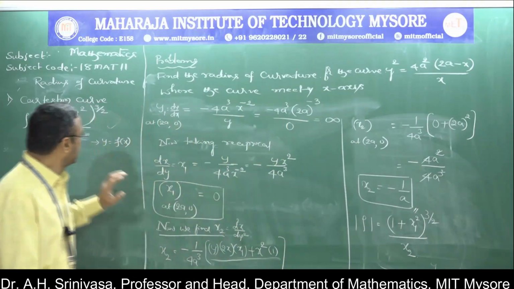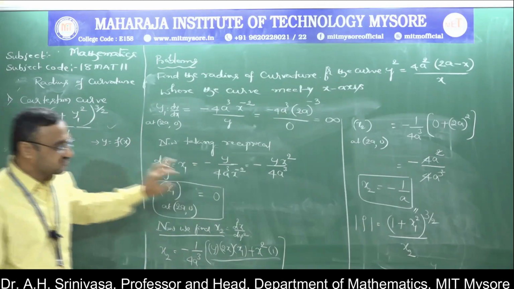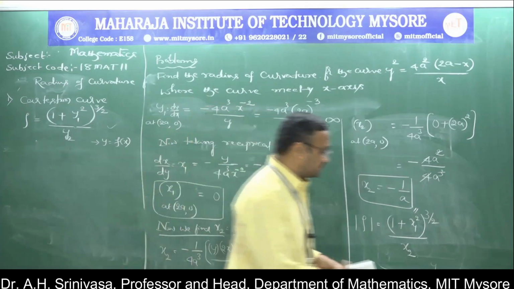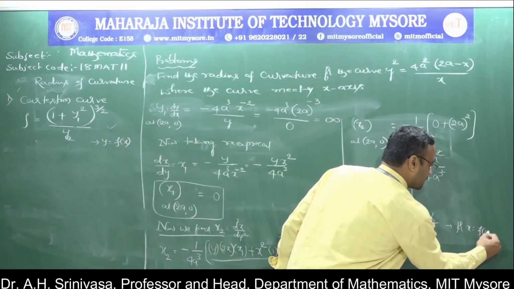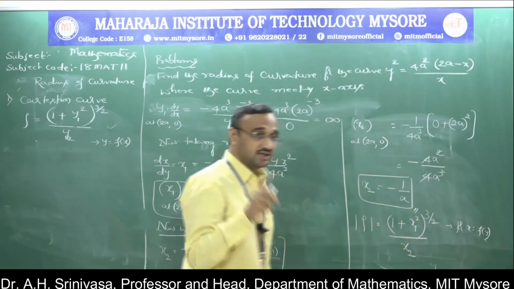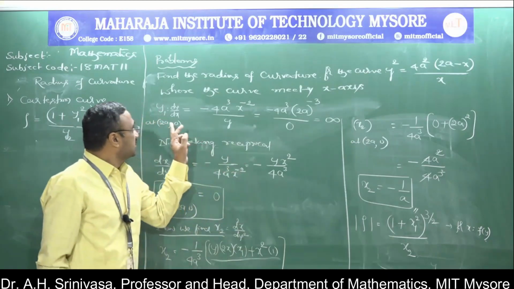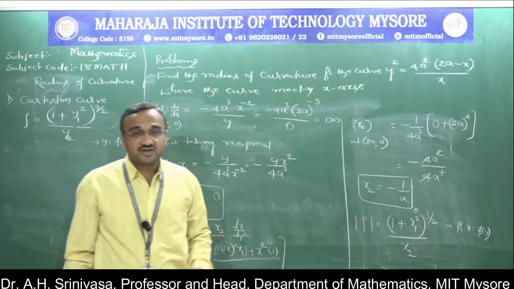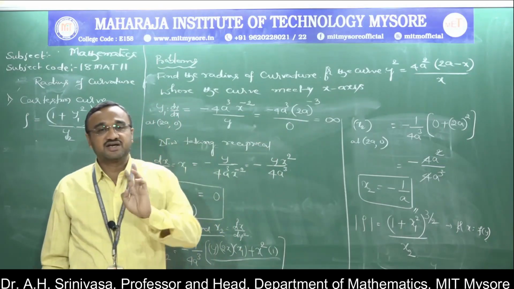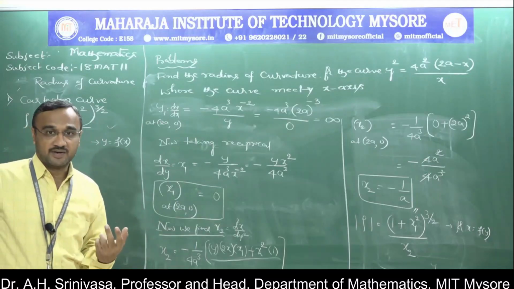So this is the result for a curve y equal to f of x, and this is the result for a curve x equal to f of y. Where it will be changed, you have to keep in your mind. That is very important, because here the first order derivative becomes infinity. If it gets infinity, we have to interchange their positions: dependent to independent, and independent to dependent.